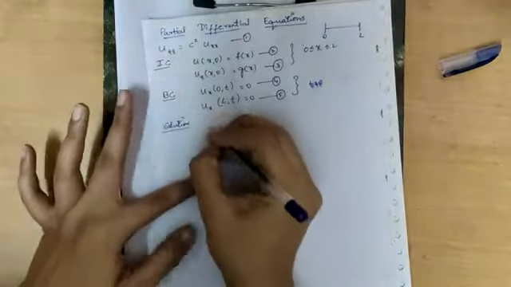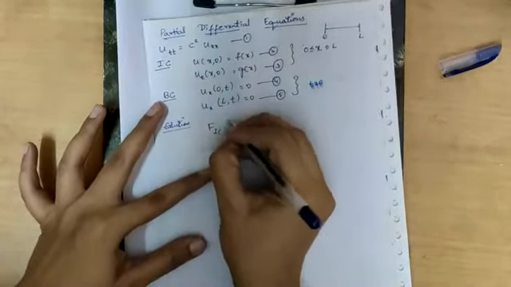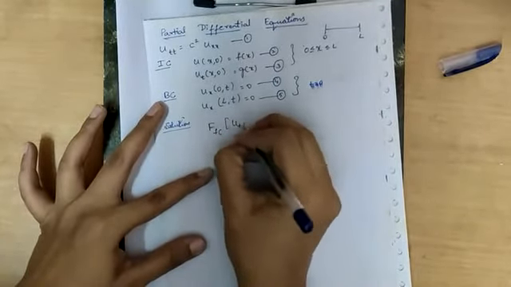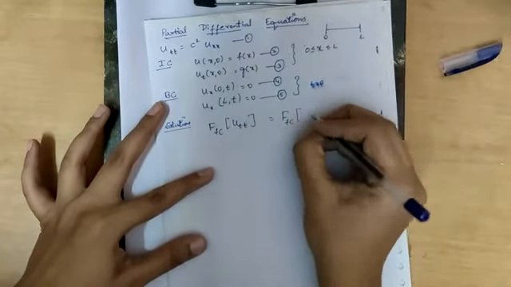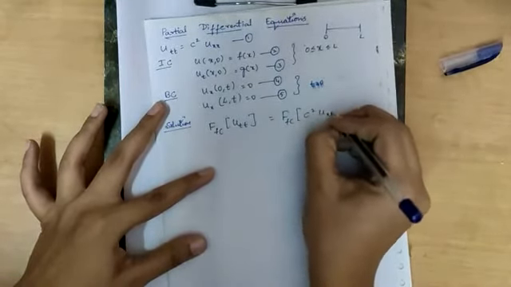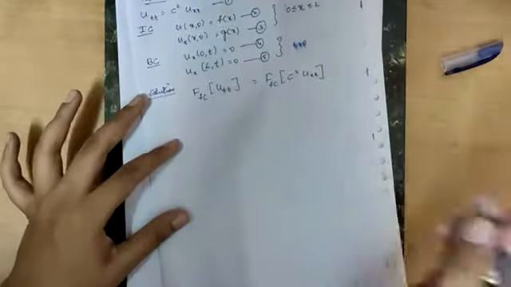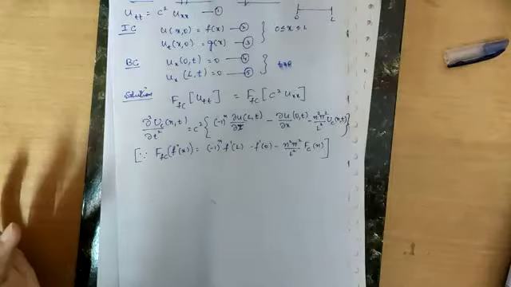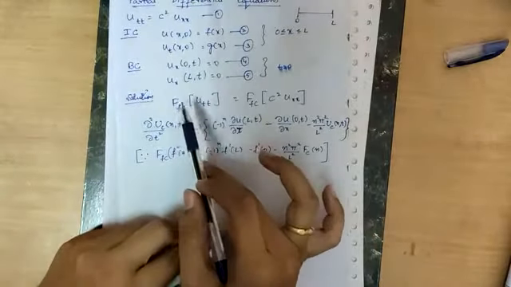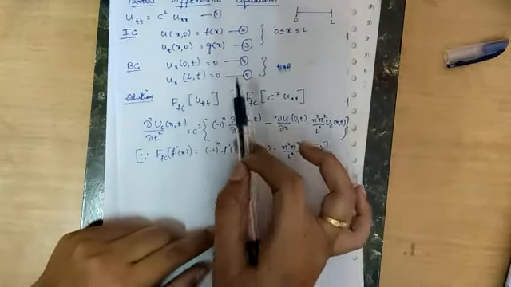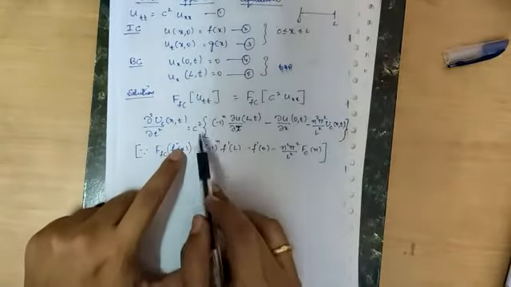If I take the finite Fourier cosine transform on both sides of my equation, using the formula, if I apply the finite Fourier cosine transform to my equation 1, I will get this.